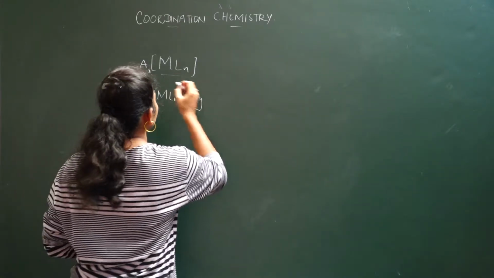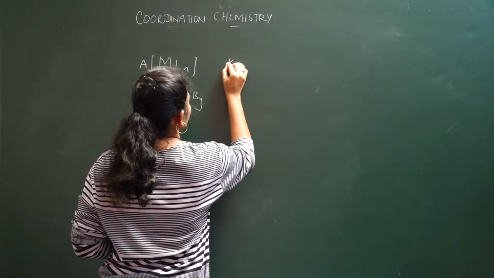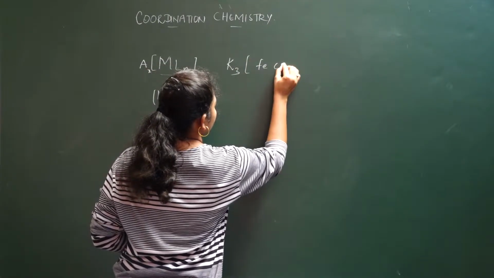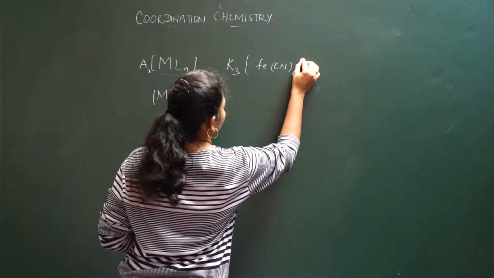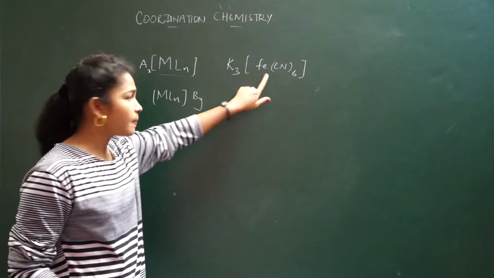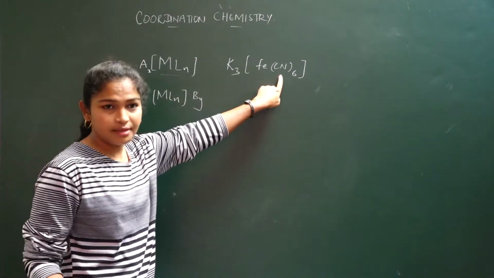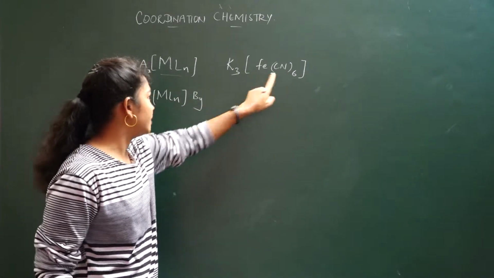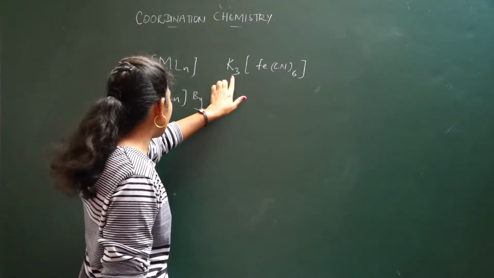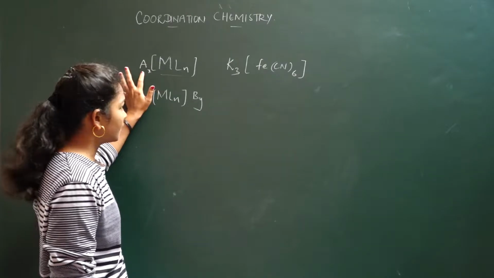Let's take some compounds like this. Suppose K3[Fe(CN)6]. Now see here, the metal is iron and the ligands are cyanides, six cyanides. Remember, we have taken 6 here, an octahedral compound. K3 is the cation only, right?